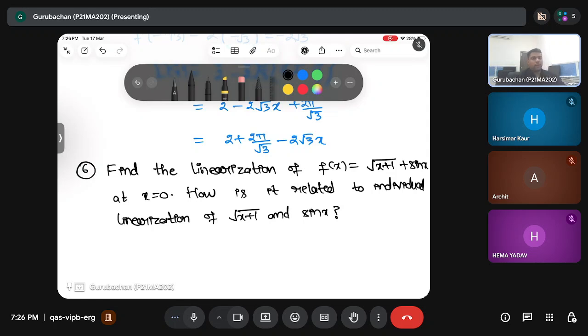So you can clearly see that this f(x) is the sum of two functions. We have been asked to find the linearization of this sum function f(x) at x equal to 0, then discuss how this is related to the explicit linearizations of sin x and root of x plus 1 at x equal to 0 itself. So quickly you can do this and let me know the answer.